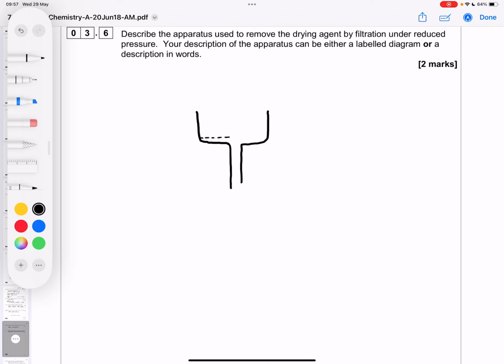So I want to draw a dotted line to represent the bottom of it. Remember when you look down it, there are all those circular holes. You then put a piece of filter paper across the top of that. So this is a piece of filter paper. And this piece of apparatus is called a Buchner funnel.